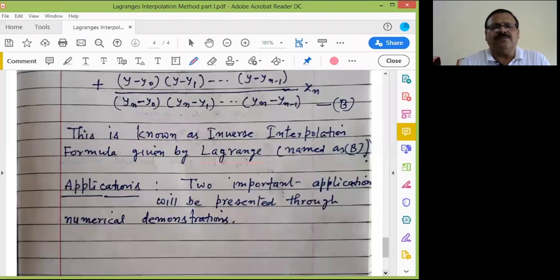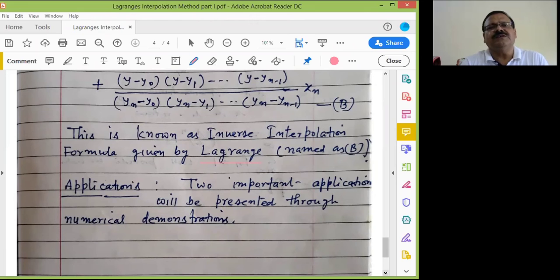In very short, we say interpolation with unequal intervals. It has two advantages. One, as usual, the interpolation of the function for given values of x, and another advantage it has is the advantage of inverse interpolation, that is, inversing the process of interpolation.